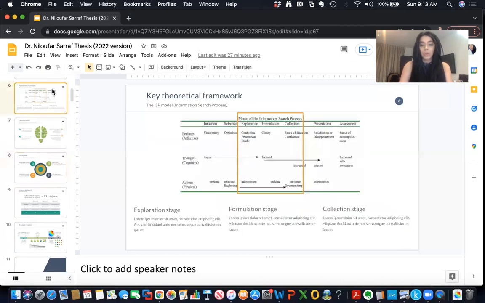You need to do something in the lab to put them within these states. Otherwise, you can't measure it. You cannot simply claim that participants did this, and in my opinion, they were in the exploration stage. When you write your thesis, you have to make that claim in a scientific way. So you have to prove it.